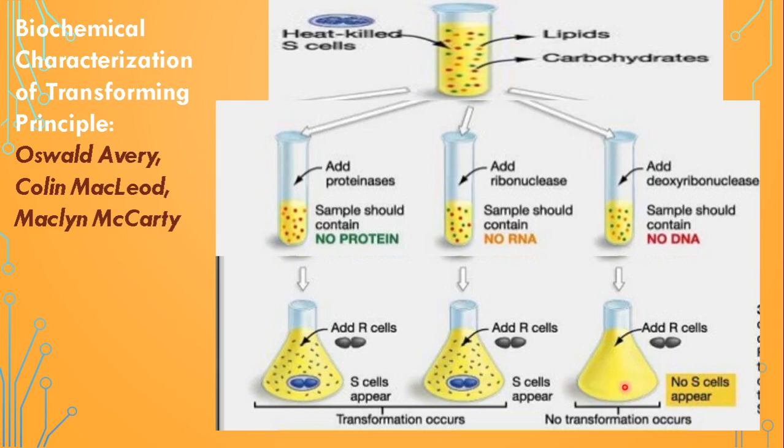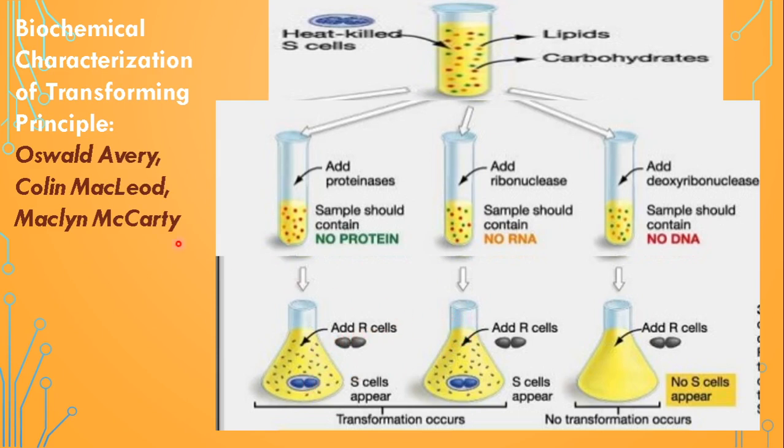Now, why this difference? The first two cases were similar, whereas the third case was different. The only difference was that the third sample was devoid of DNA, but the first two had DNA in common. The common factor in both the first and second was DNA. So definitely it must be DNA that is responsible for carrying out the transformation.